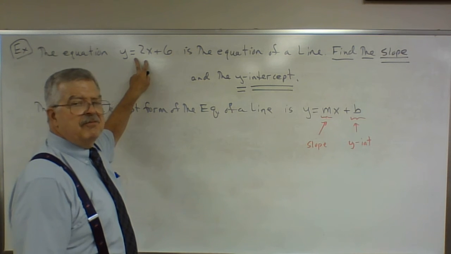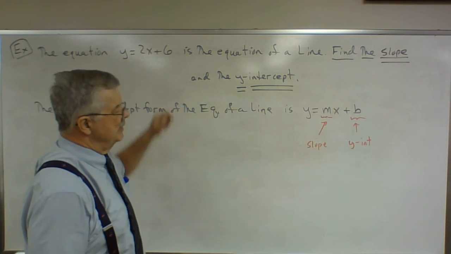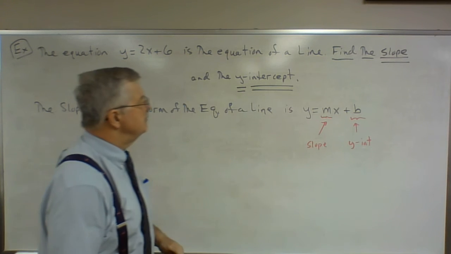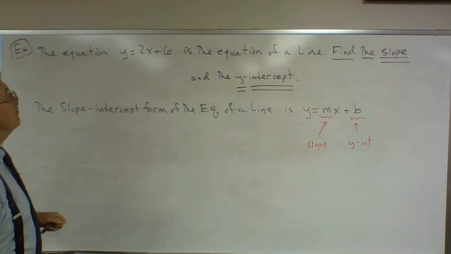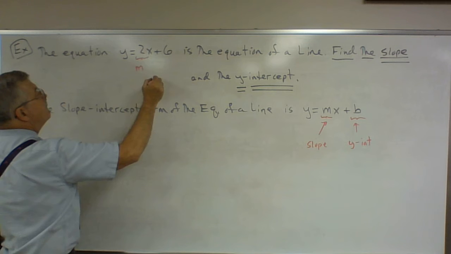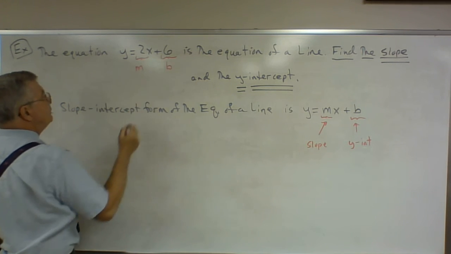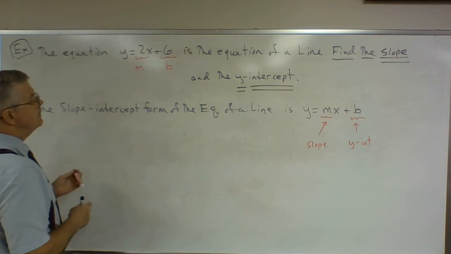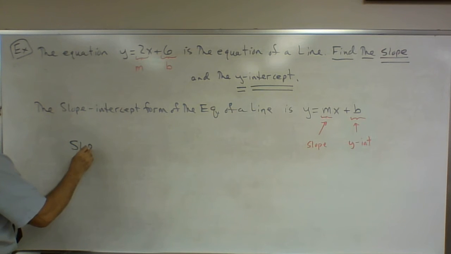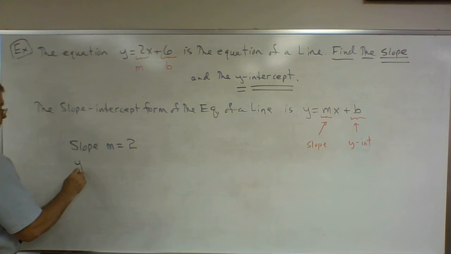Well, this is in the same form, isn't it? Y equals something times x plus something. Slope-intercept form. So the multiplier or the coefficient of x is m. And the y-intercept, this thing, is b. So the slope m is 2.